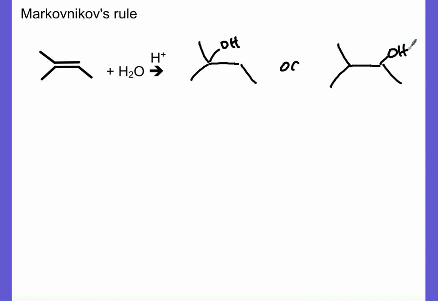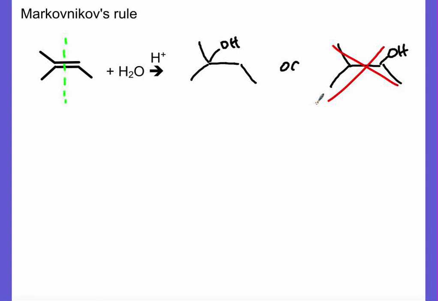Each of those original carbons were part of that original double bond. Remember, this is asymmetrical. I could get two different products. Those aren't different from each other. But it turns out, if you do this in the lab, you're only ever going to get one of these products. This product over here on the right never ever is formed.